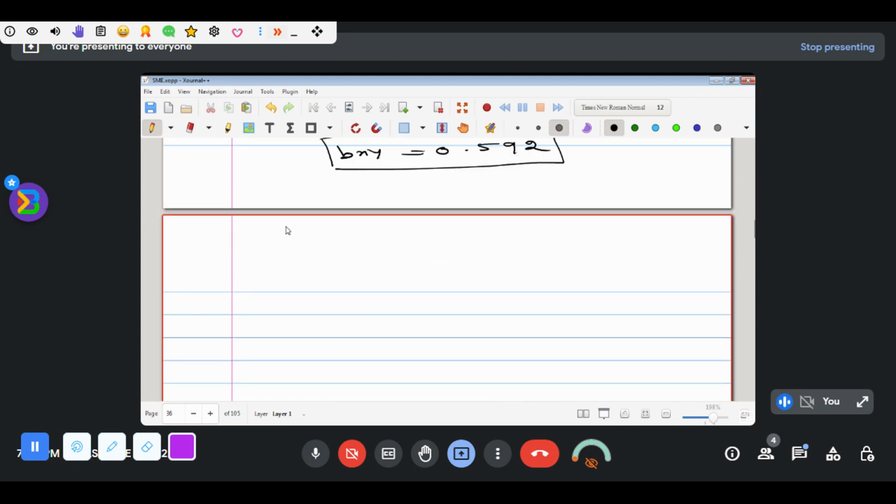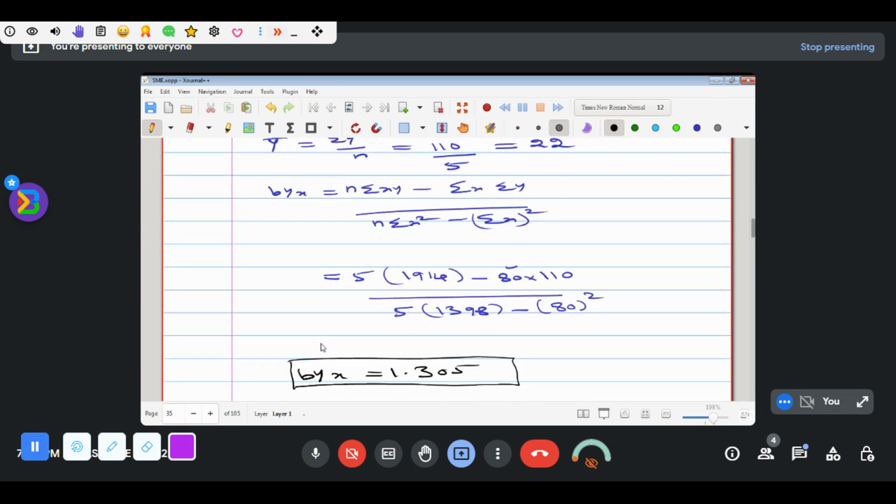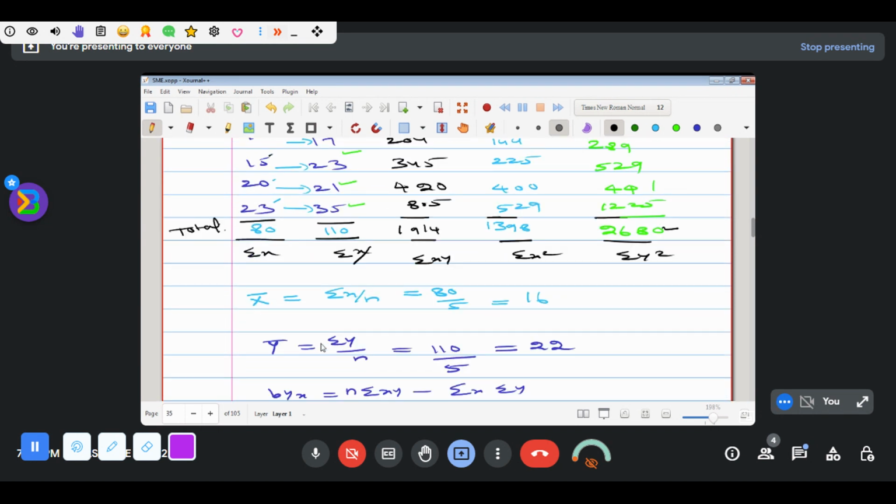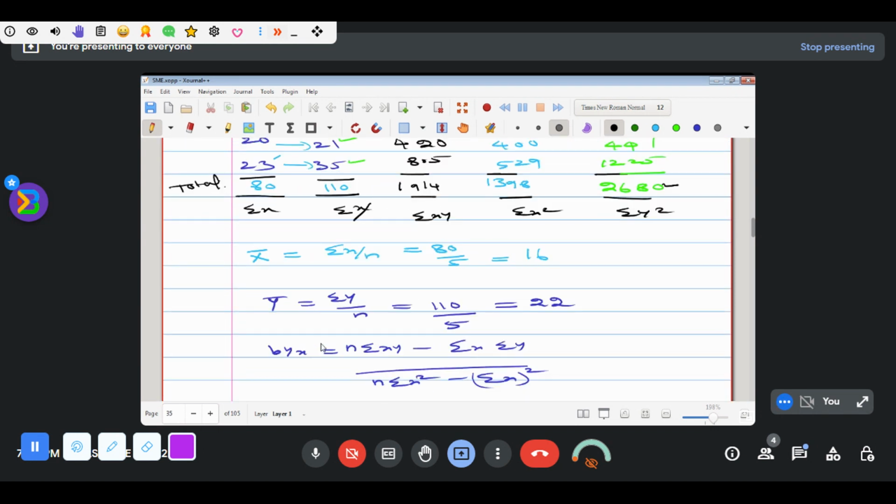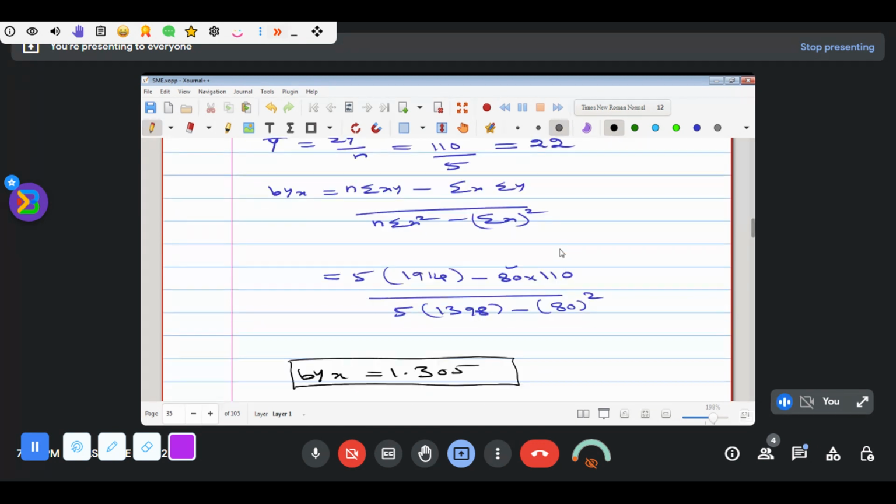Now I am moving to the y on x formula, the first regression line, y on x. What is the formula to write first? Y minus y bar equals byx into x minus x bar. The y bar result is 22 and the x bar is 16.